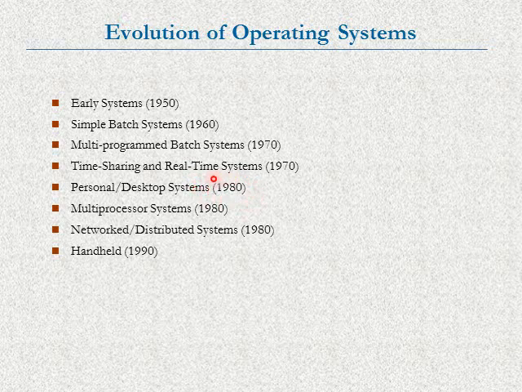In the early 80s, we had personal computers, so we required operating systems for them. Then we have multi-processor systems, and then towards the 1990s or late 80s, we had distributed systems, and in the 1990s we started to have handheld devices. If you even look today, or desktop computers that were very common there in the last couple of decades.